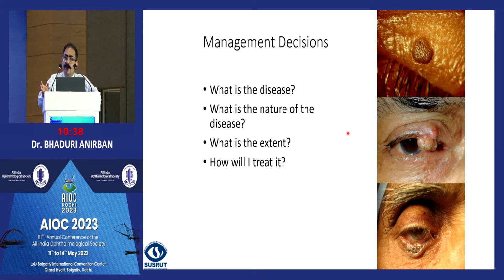The next very important decision is what is the extent of the disease? Because that is also going to affect your management decisions. Finally, once you have the answers to the first three questions, you decide how you would manage it. Some of these are situations which you can manage in your own clinic, in your own institution, and in certain other situations, you can take a decision to refer to the nearest available person who specializes in treating such conditions.